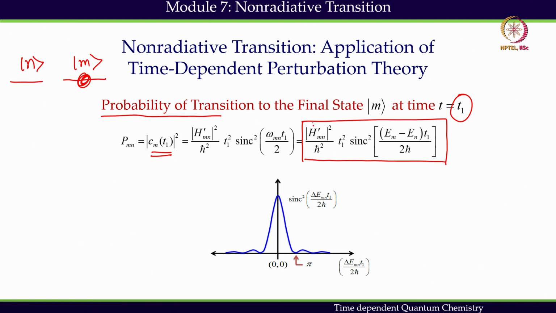This part is not time dependent, this is time independent. Therefore, the probability of transition from initial state to the final state is given by this, and if you look at this cardinal sine function, this function is actually a very sharp function.